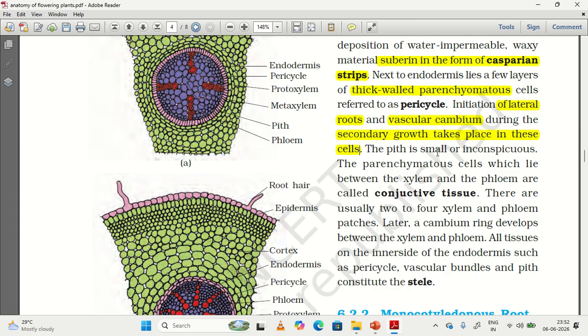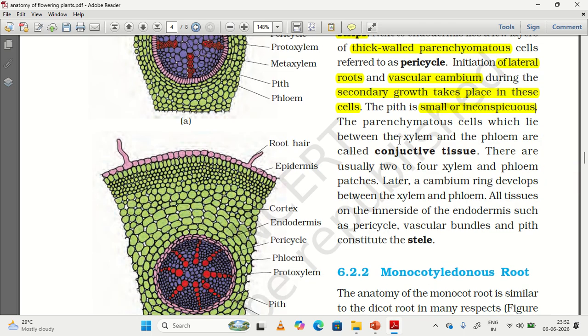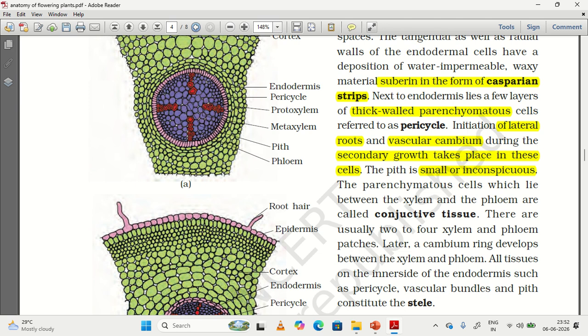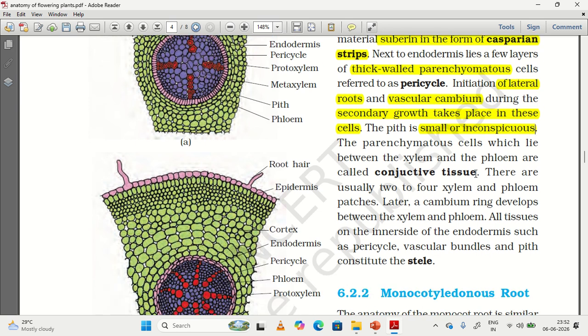The pith is small or inconspicuous, so it is almost unseen, and the parenchymatous cells which lie between the xylem and phloem are conjunctive tissue. Okay, this is the conjunctive tissue. There are usually 2 or 4 xylem and phloem patches, and a cambium develops later on.